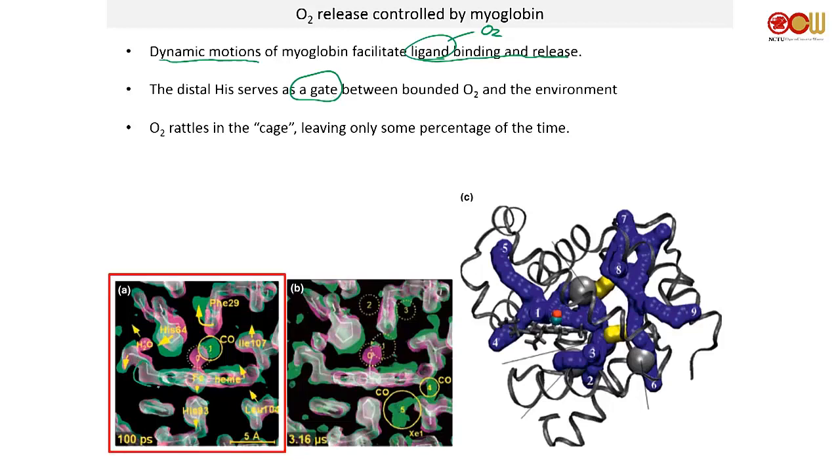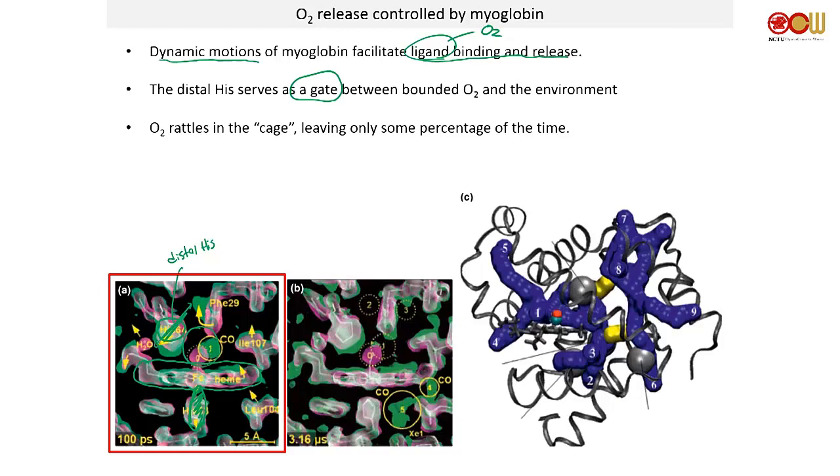So as you can see, here is your heme. Here is the proximal histidine down on the bottom. And this is the place where your O2 will bind. And then this here is your distal histidine. What this shows you is that the histidine can move like that.